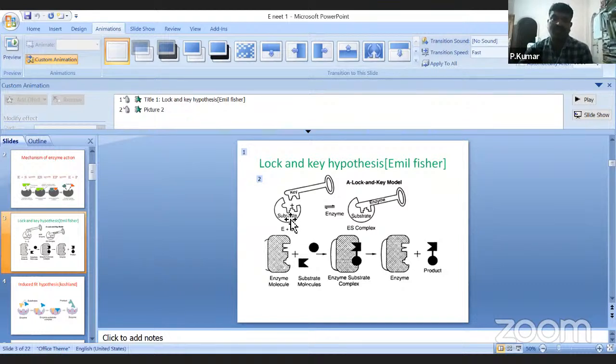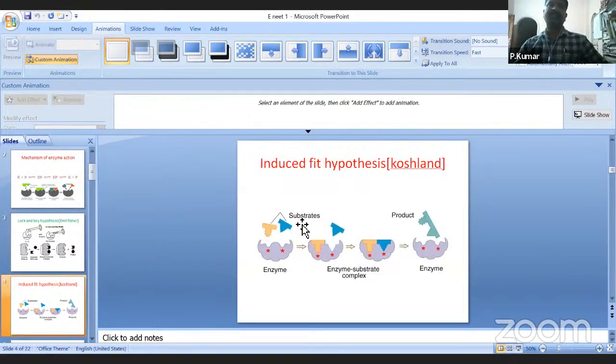Open means product. Here it is similar. For example, the urease enzyme reacts only on urea. So the lock and key hypothesis explains enzyme specificity. And the next one is the induced fit hypothesis, which is also called Koshland's theory.